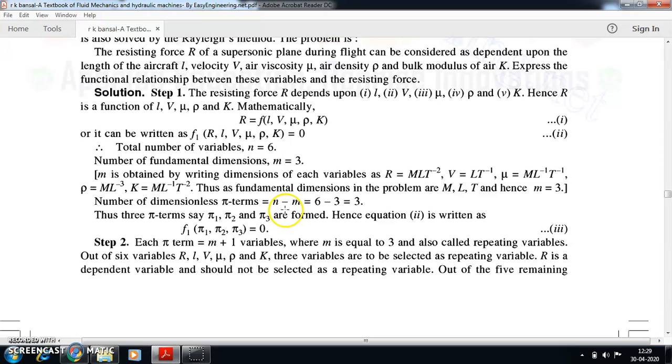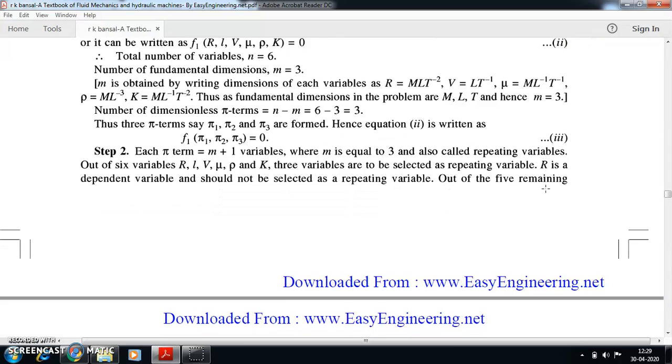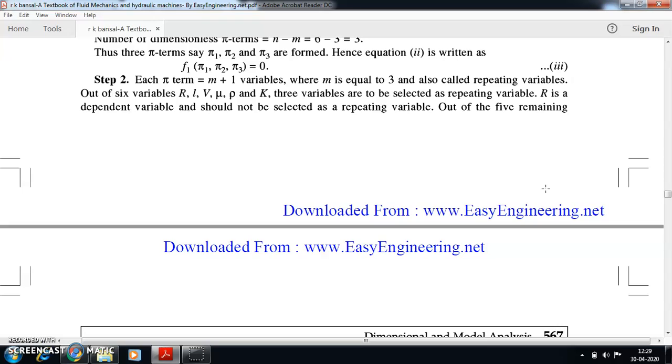So we define a function f1 of pi 1, pi 2, pi 3 equal to 0. This is your equation 3, and this ends the first step in the method of solving the numerical using Buckingham Pi theorem. We have decided how many dimensionless terms there are.